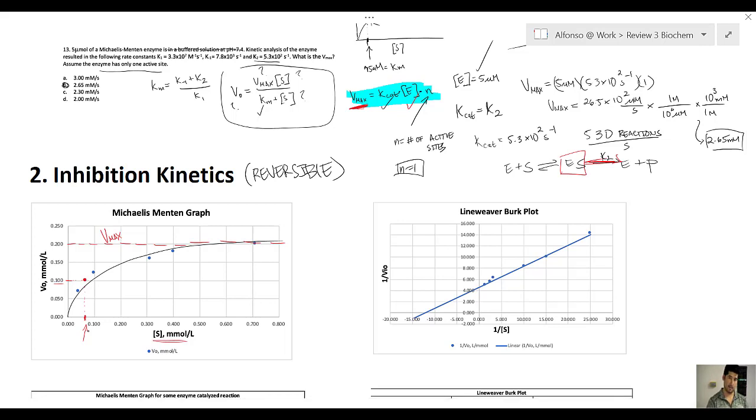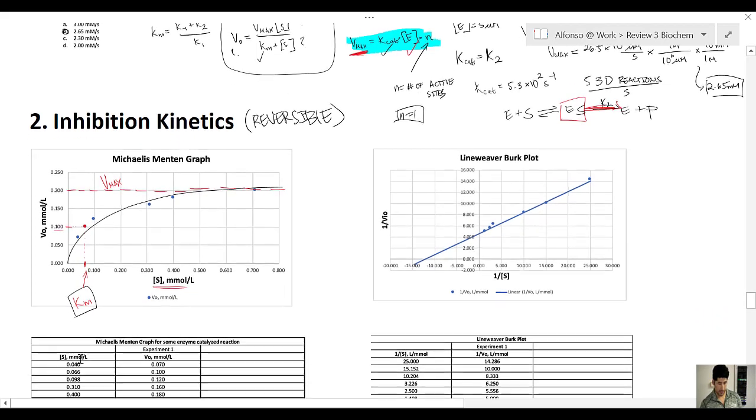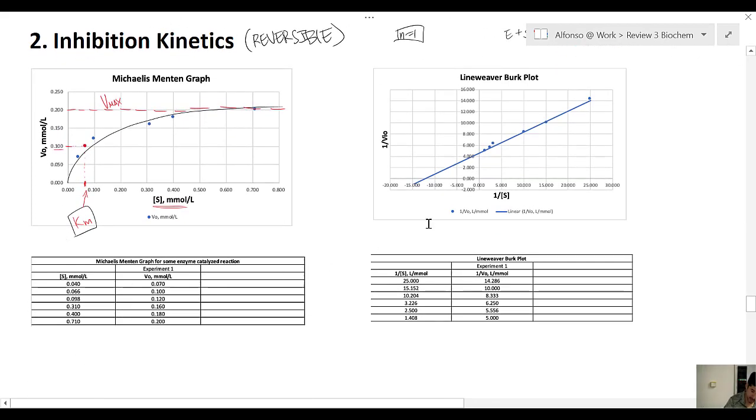This is the amount of substrate necessary to achieve 1/2 of the Vmax, and that is going to be our Km value. So whenever you're looking at a Michaelis-Menten graph, find your Vmax, find half of the Vmax, and whatever amount of substrate was necessary to achieve 1/2 of the Vmax, that is your Km value.